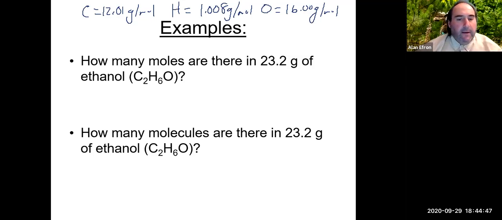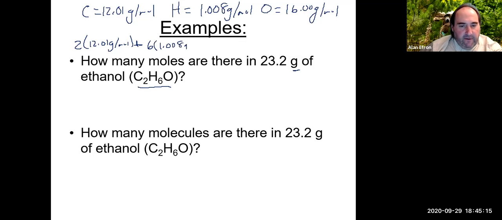Okay, so we got first one, how many moles in 23.2 grams? So again, we don't need to use Avogadro's number here, so we do need the molar mass of this whole entire thing. So we would go to the periodic table to do that, and we got 2 times 12.01 for our carbons, plus 6 times 1.008 for our hydrogens, and a 16 for our oxygen there.